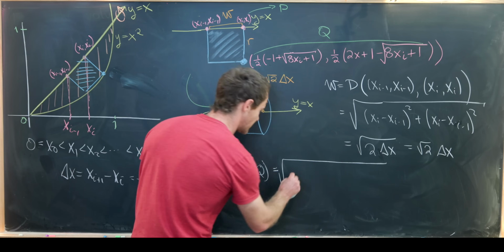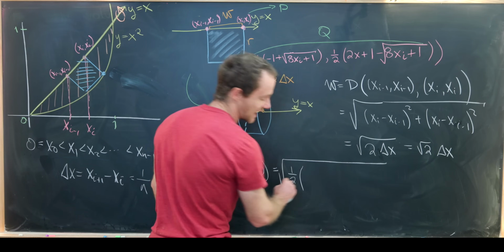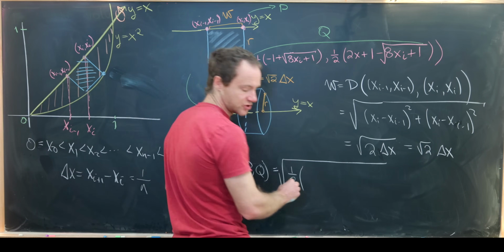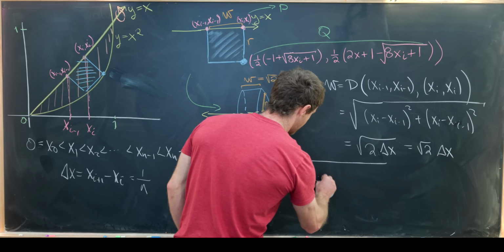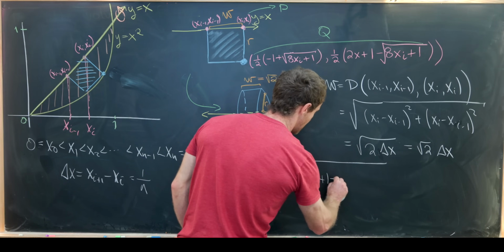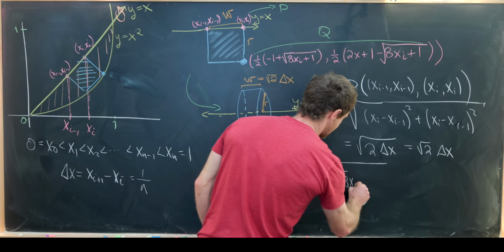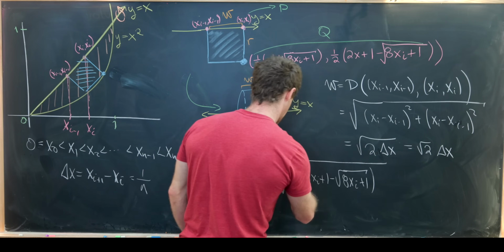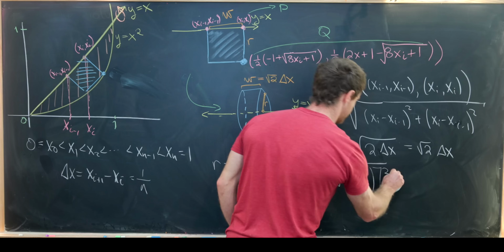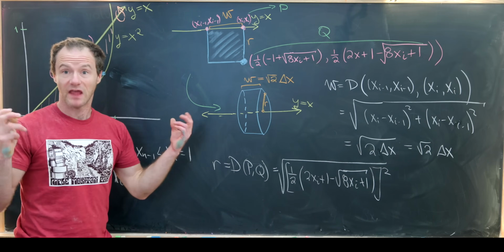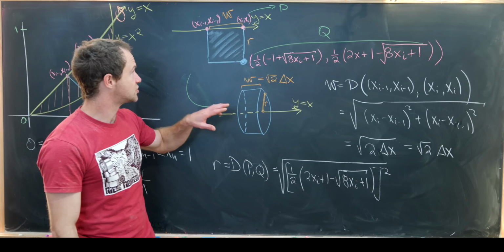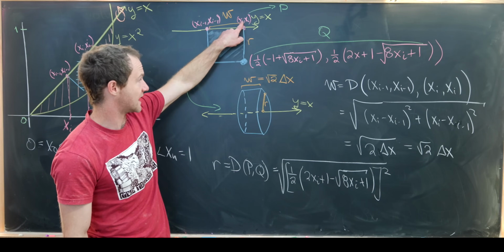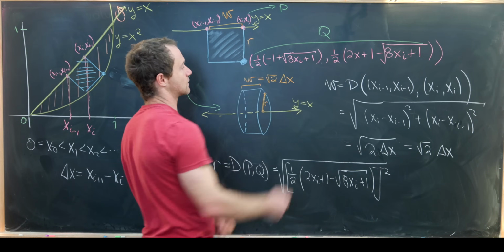And that's going to leave us with 1/2 times the quantity 2x_i plus 1 minus the square root of 8x_i plus 1. And then all of that must be squared because it's the difference in the x coordinates squared. So just to reiterate, I did this x coordinate x_i minus this x coordinate.